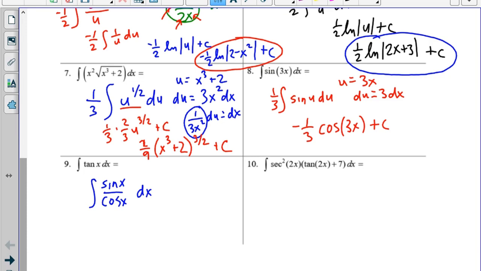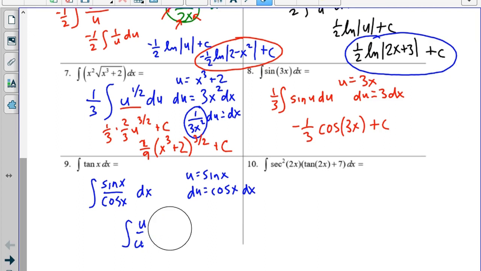If I make u equal to sine, du equals cosine x dx, which means that I have the integral of u du over cosine x, and then there's another cosine x that's going to be put in the denominator. Again, I still have an x and a u in the same problem. So this is, again, a poor choice.